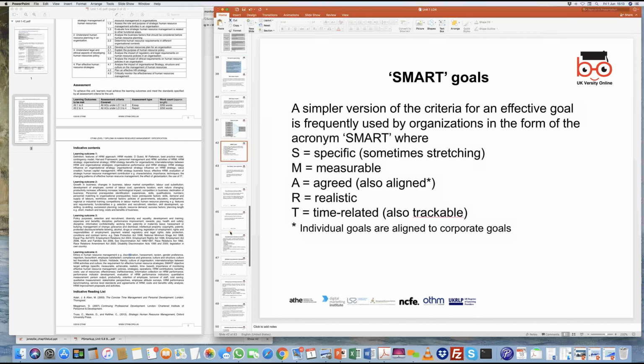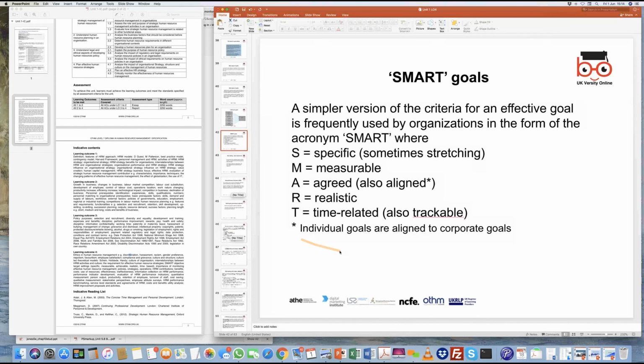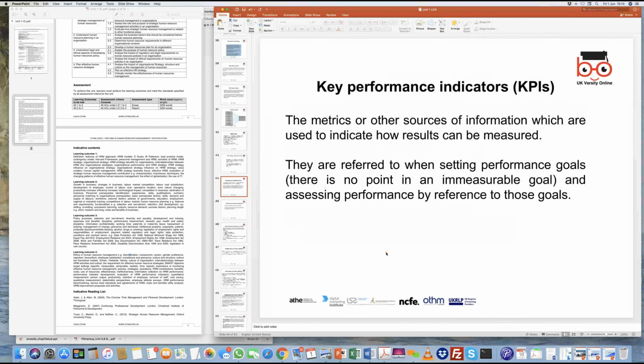Now, there is another term that we also use, which is called KPIs, key performance indicators. Now, when the HR manager defines or creates a job description for a particular role, they also ask, say, I'm sticking to the example of a sales manager.